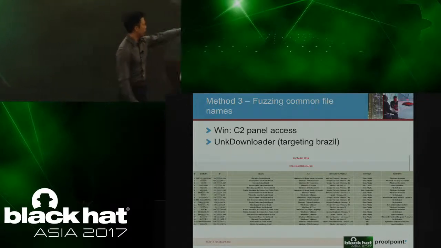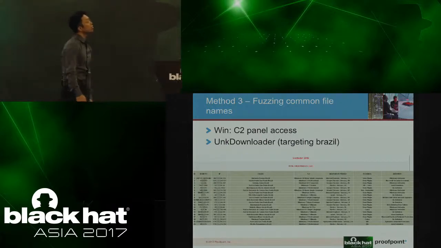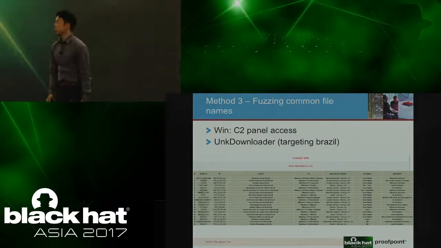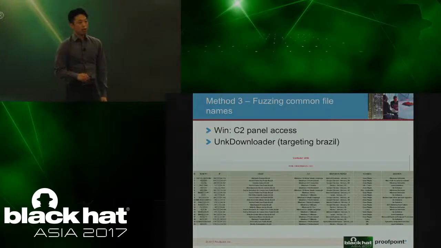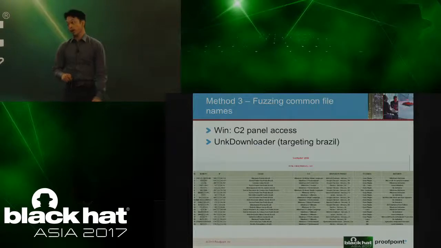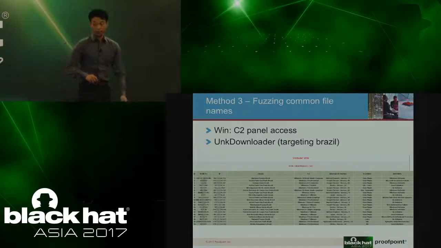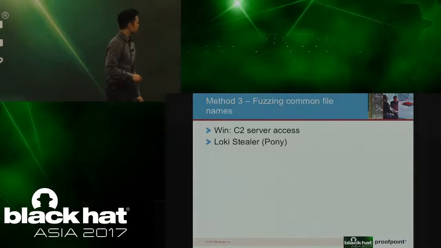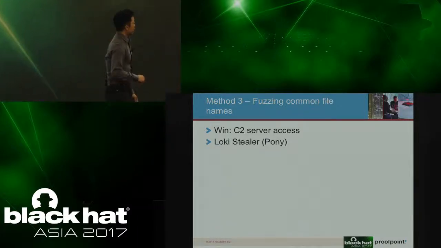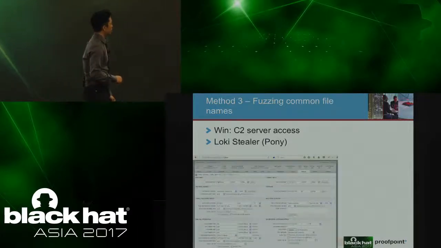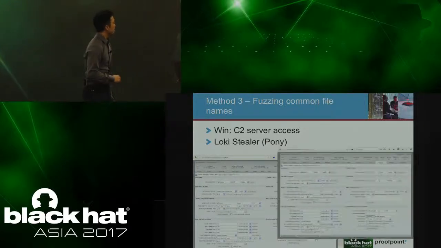And this one, we're showing that we're successful against the UNC-downloader group, and we found their command and control panel, which did not require authentication. So once we've hit that URL, we're directly able to access their command and control and get all of their statistics. And this, we had success also with the Loki Stealer, previously known as Pony.